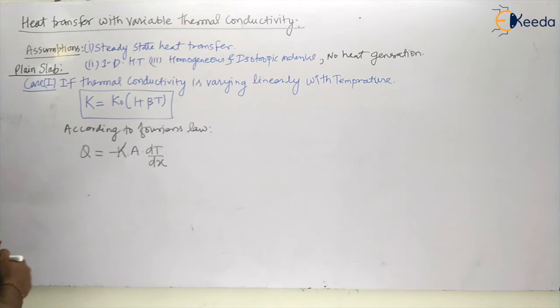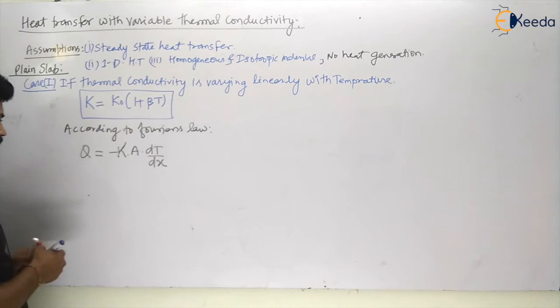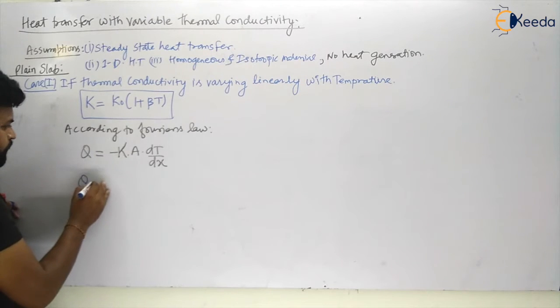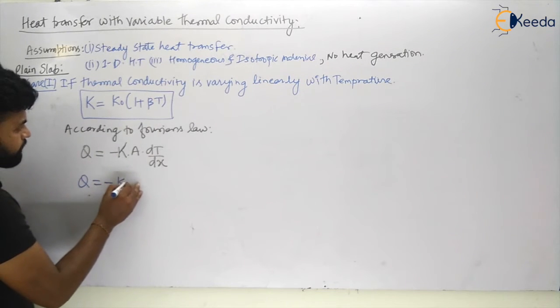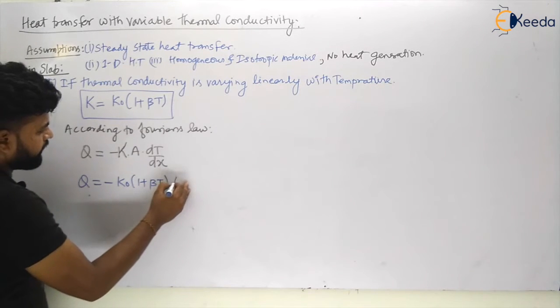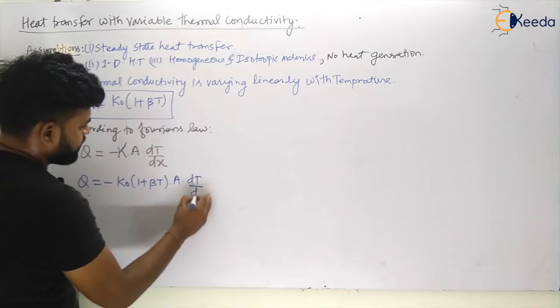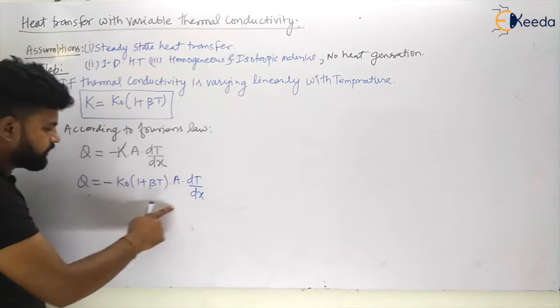Okay. So now let us put the value of K from this equation into this. So what will it become? Q is equal to minus K naught 1 plus beta T into area A into dT by dx. Let us take this dx this side.